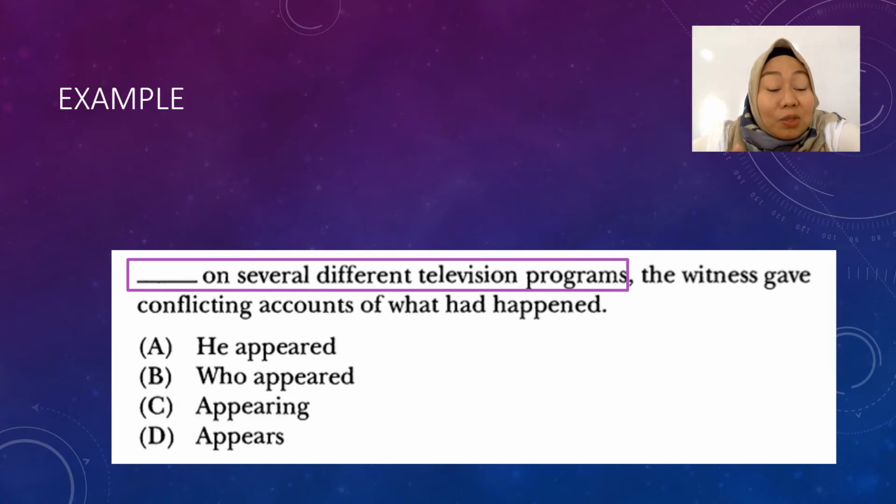So if it is a reduced form, can we have he appeared? No, we cannot have subject and verb without any connector. What about who appeared?